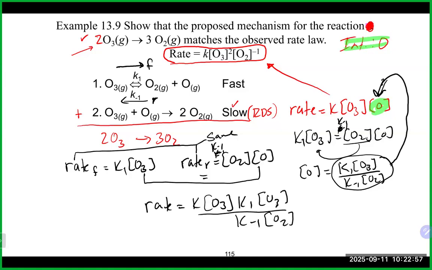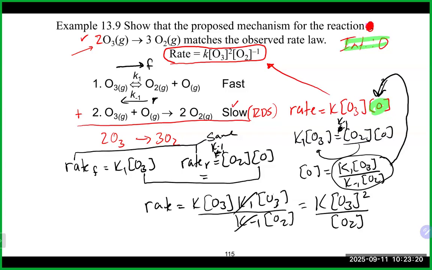Once again, we could do a little bit of reducing and cleaning up to make it look a little better. Two of these are going to cancel, that's O3 and O3, which is O3 squared. So that's basically K O3 squared divided by O2 is our rate law.